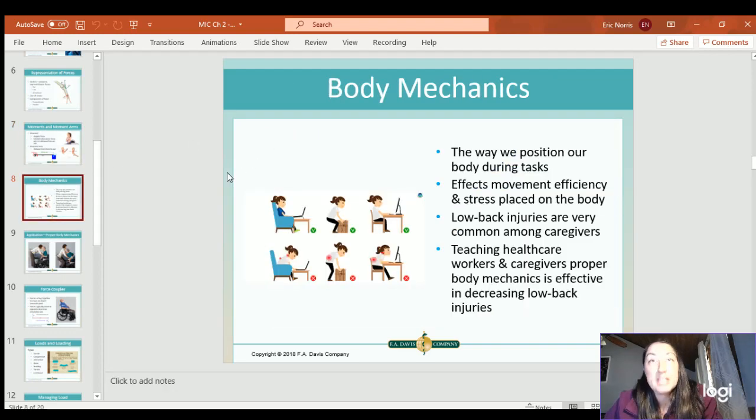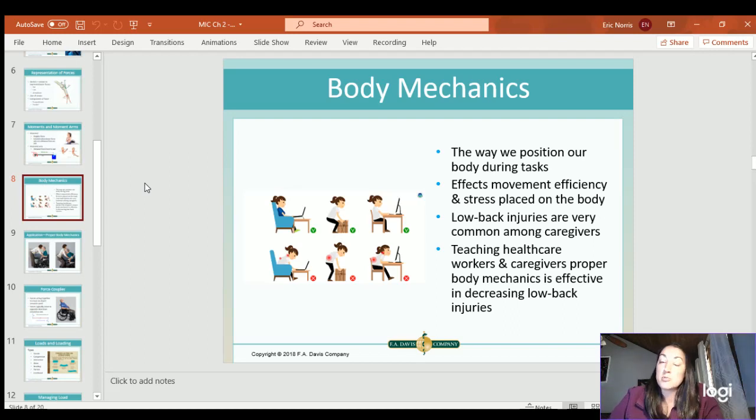Okay, and here's what we came to talk about: body mechanics. Body mechanics are just the way we position our body during a task. And it affects our movement efficiency and the amount of stress that we place on our body. It's very important because this is what protects you from getting hurt while you're moving patients and doing patient care.